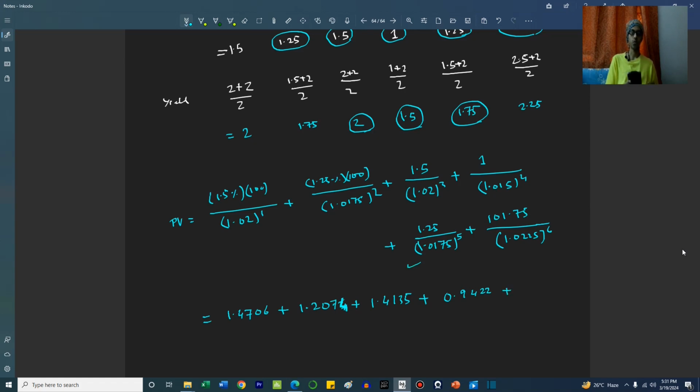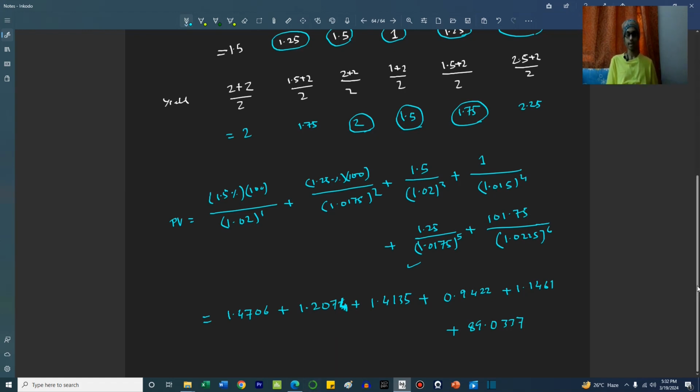Plus we go to this one, 1.0175 to the power 5 inverse into 1.25. This is equal to 1.1461 plus the last value, 1.0225 to the power 6 divides 101.75. This comes to be 89.0337.